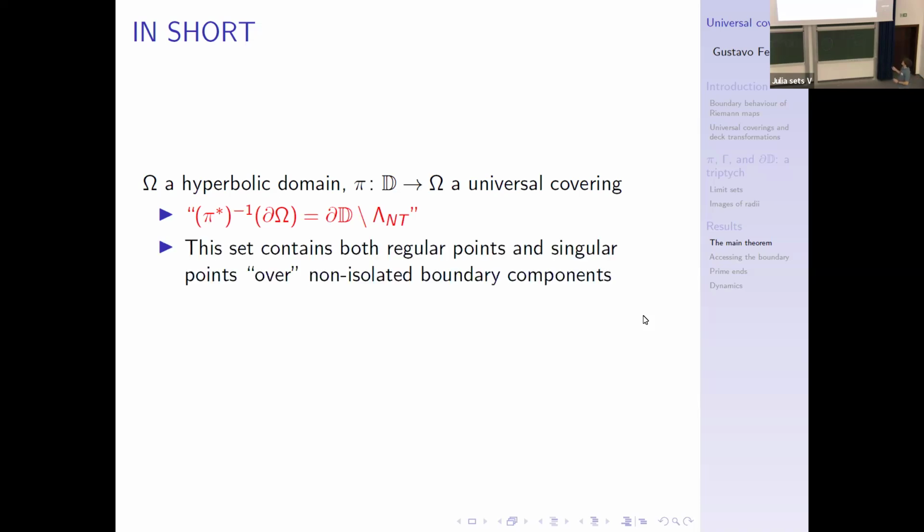And this set is going to contain both the regular points and some singular points, some points on the limit set that are lying over non-isolated boundary components. And because this is very nice, this boundary is always either empty or full measure on the unit circle.